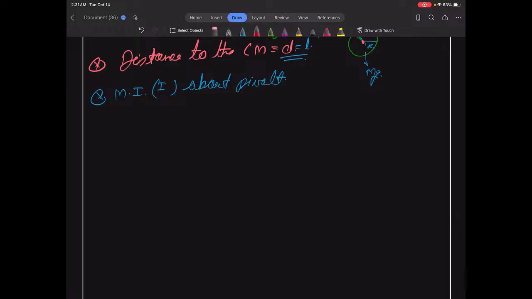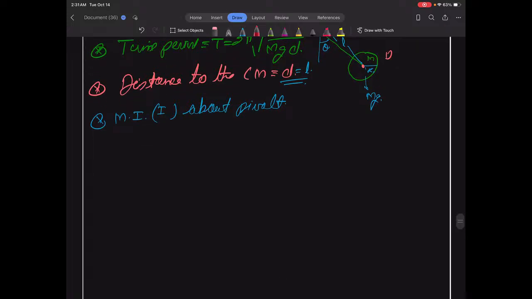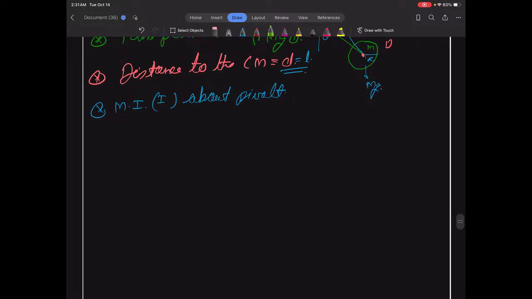And once again, first of all, we are going to find out the moment of inertia of the disk about its center of mass, and then we are going to use the parallel axis theorem to find out about P. So therefore we can write moment of inertia I about the pivot.